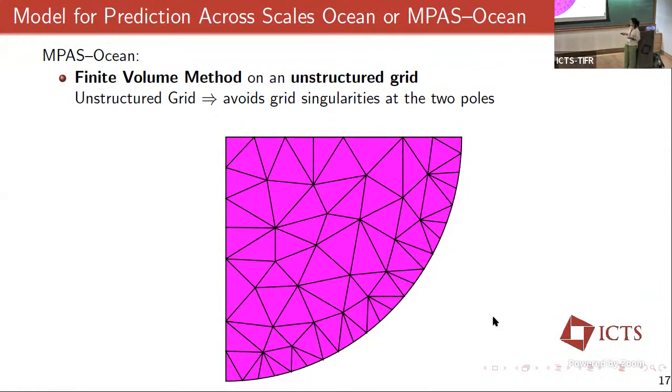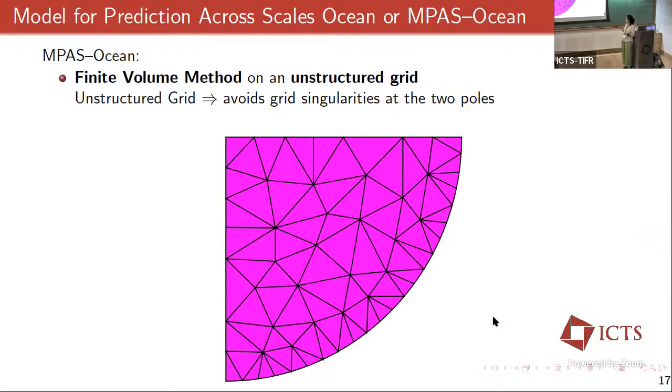That is the basics of the unstructured grid. There is an algorithm called Voronoi tessellation, by the way. Using Voronoi tessellations, you can discretize the entire space into connected regions.